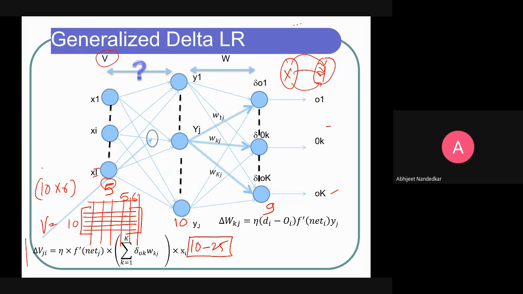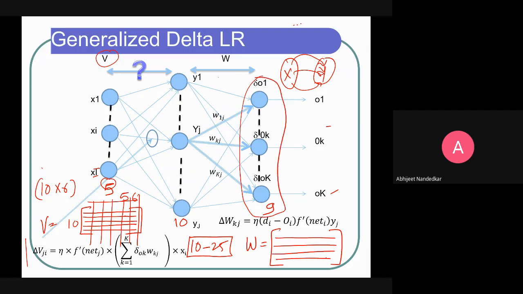Now this is the W matrix here. So the W matrix here will have, say here I have 9 neurons. So there are 9 rows. Remember, the number of rows is equal to the number of neurons, and the number of columns is equal to the dimension of input.